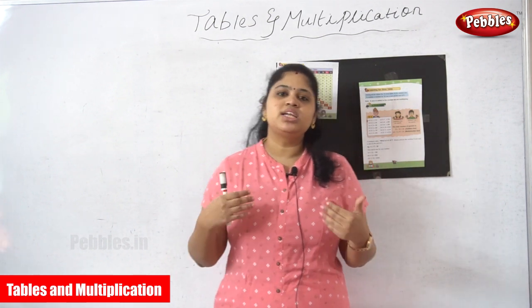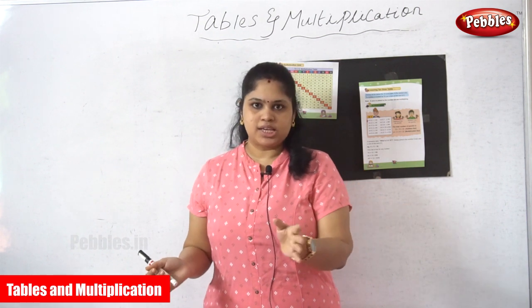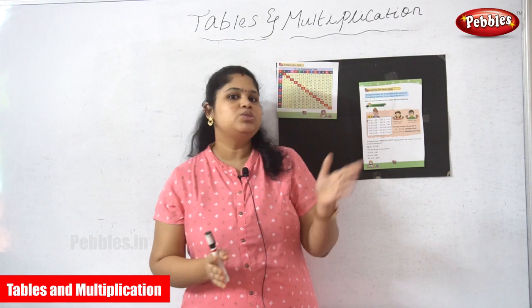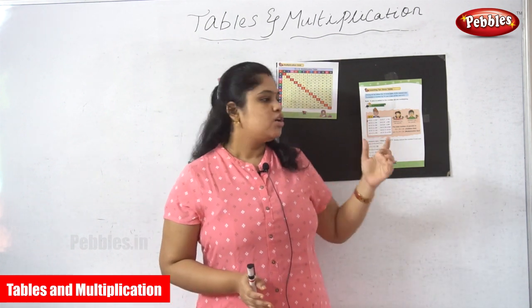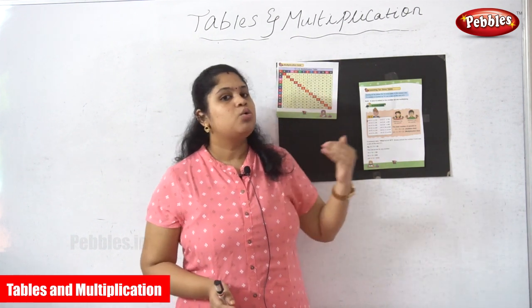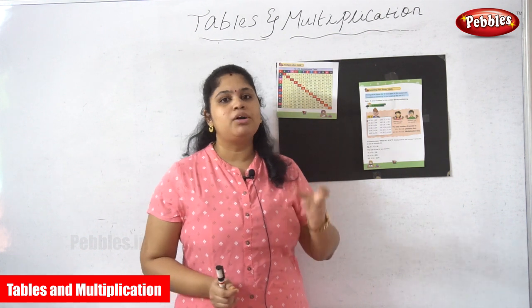The reason I keep on saying this is that when first standard and second standard students read multiplication, they will be very fresh with addition and subtraction. So what is the rule for addition? When adding 0, the number will be the answer.